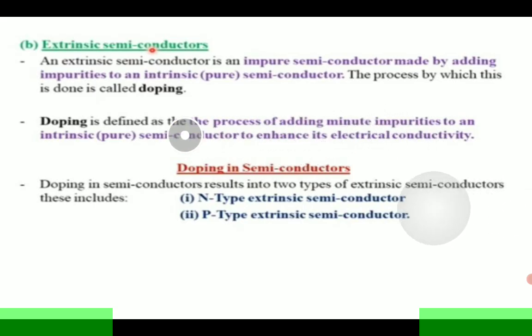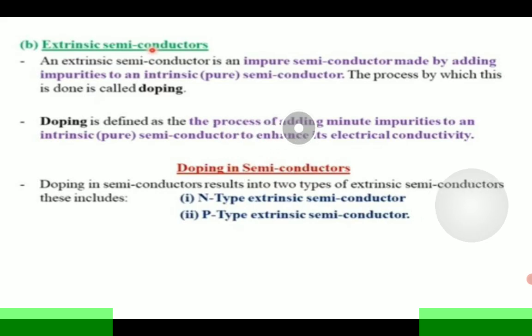So we've seen what extrinsic semiconductors are, and we're saying that they're made by a process called doping, which we have defined as the process of adding minute impurities to an intrinsic semiconductor. Examples of intrinsic semiconductors are silicon and germanium.